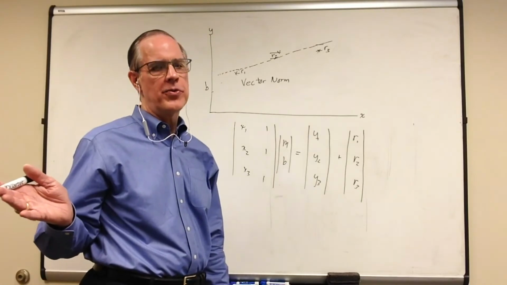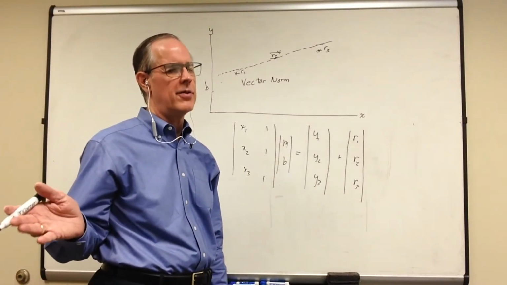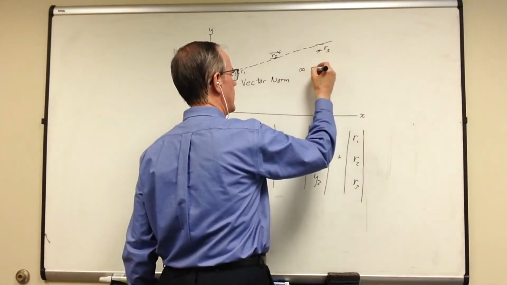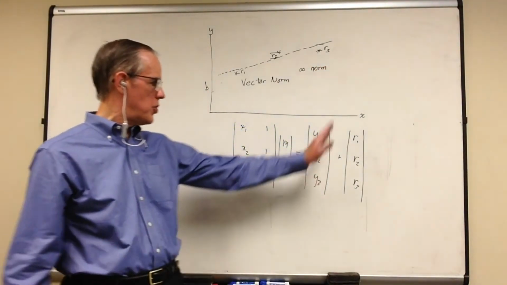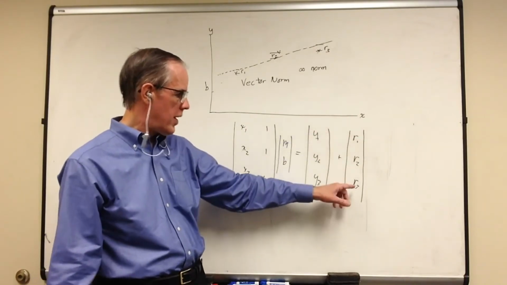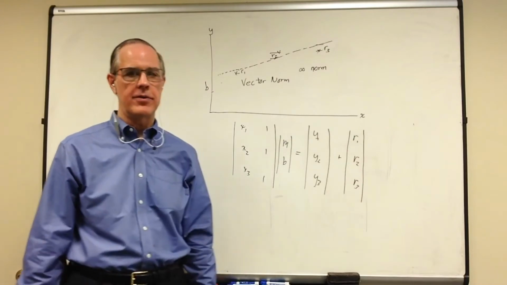There are 3 norms which are traditionally used, or at least most commonly used, let's put it that way. The first one is called an infinity norm. Infinity norm says, I'm going to adjust these values to the point where the largest value is minimized. In other words, large, small.